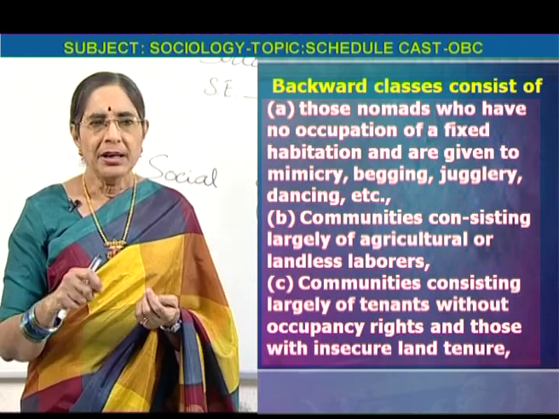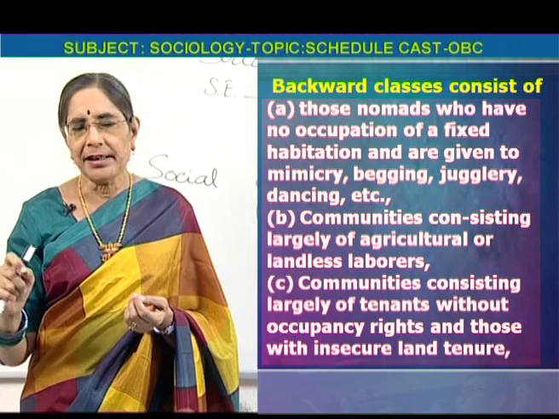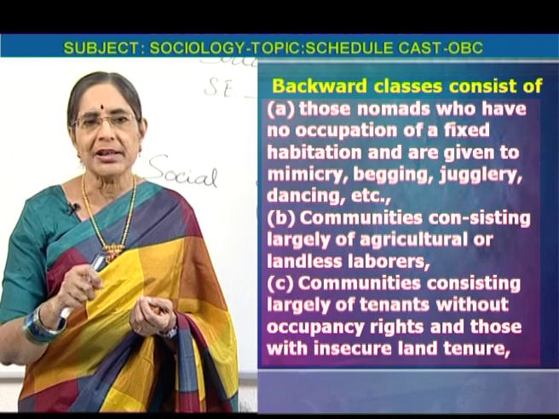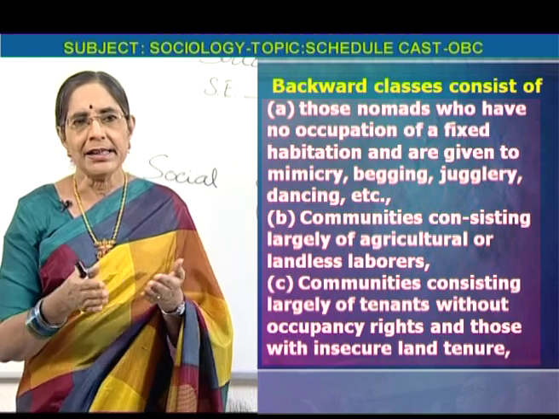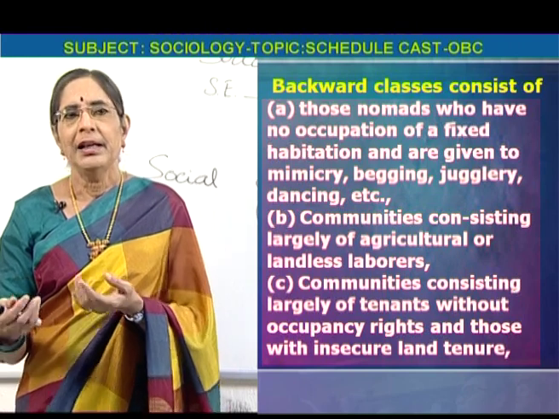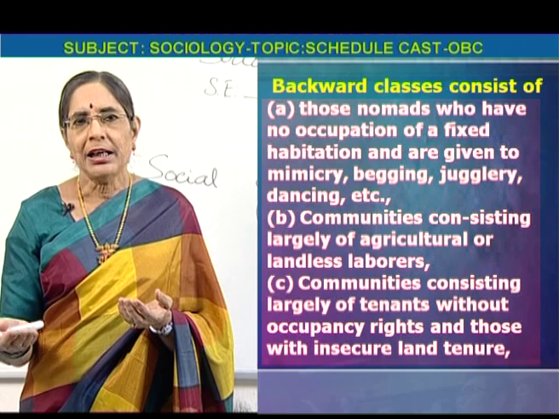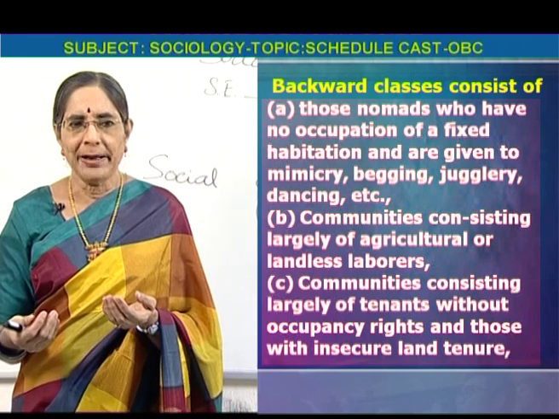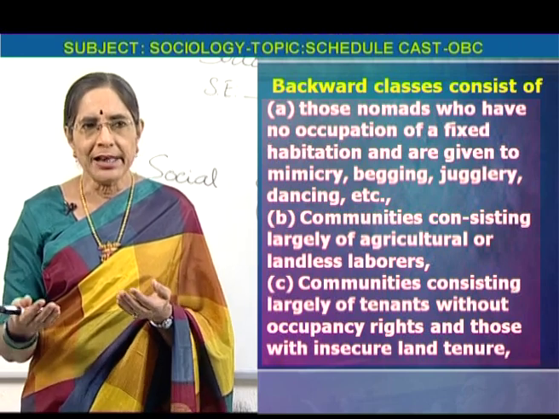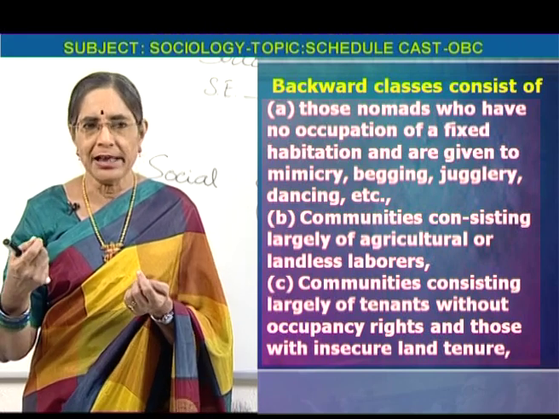We have certain communities consisting of a large percentage of small landowners with uneconomic holdings. If, let us say, one acre or half an acre or two acres of land is there, where the land is not that fertile or not that good for agricultural operations, their income will be very low and they too are socially, educationally backward.